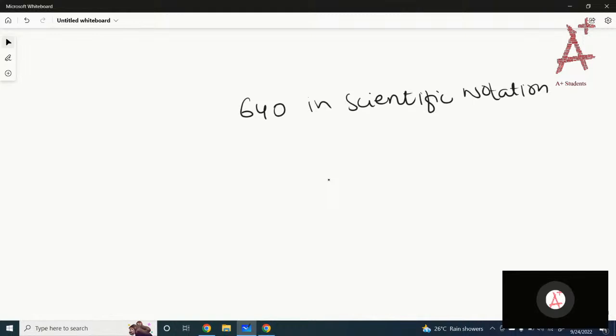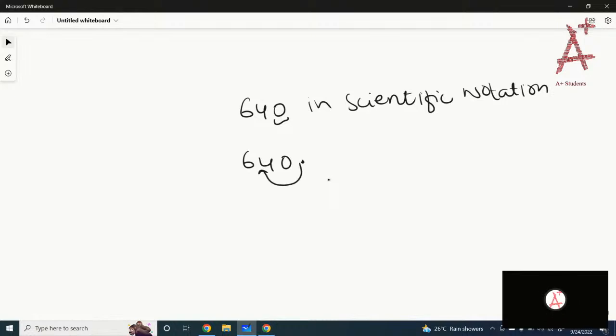Next one is 640. How do you write 640 in scientific notation? So 640 is given in standard form. You have to write it in scientific notation. So how do we write a number in scientific notation? We have to just look for the zeros. We have only one zero, so you have to move the decimal point from here to here, 2 places left.